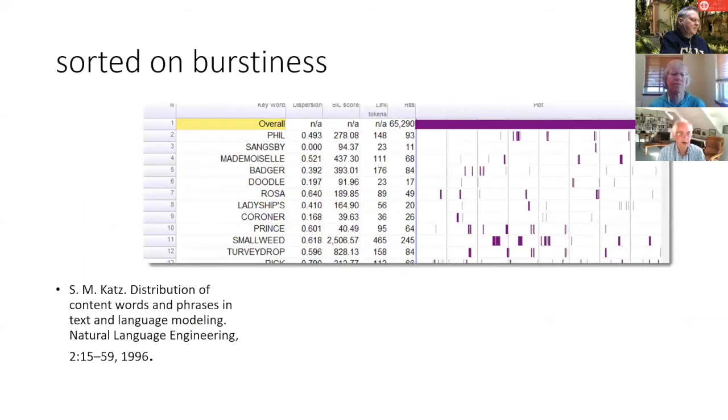And here's an example where the data has been sorted on its burstiness. The burstiest of all are particular literary characters. Most of the keywords in this particular reference, though not all, are people, and they come in very bursty. It's not surprising. Charles Dickens has a whole array of characters, and of course they don't all come all the time.